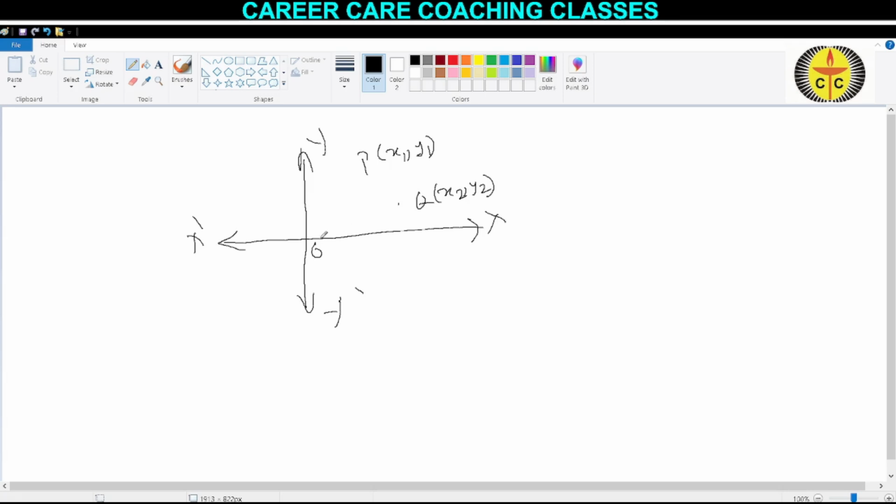If we join, this is OP and this is OQ. This is R1, this is R2, and this is PQ. Suppose this is R.